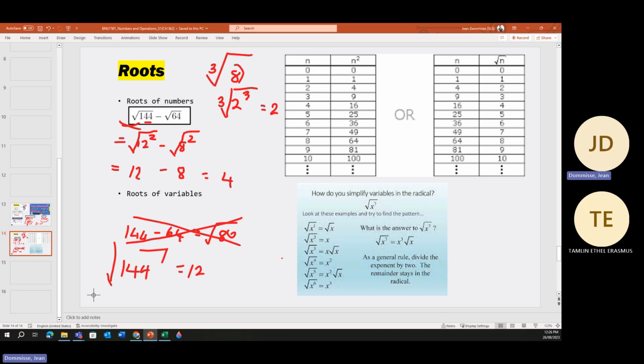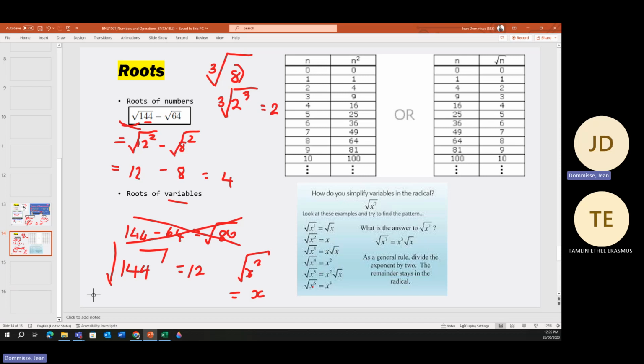Within the roots, you would also see that you can sometimes have variables. So x to the power of 2. If we take the square root of that, it becomes x. And I've just listed a few here that might be shortcuts for you to look at.